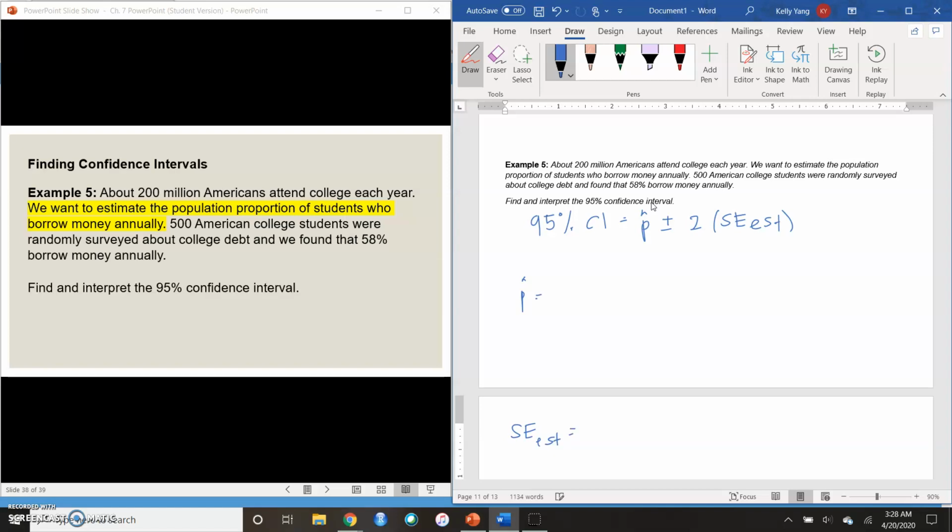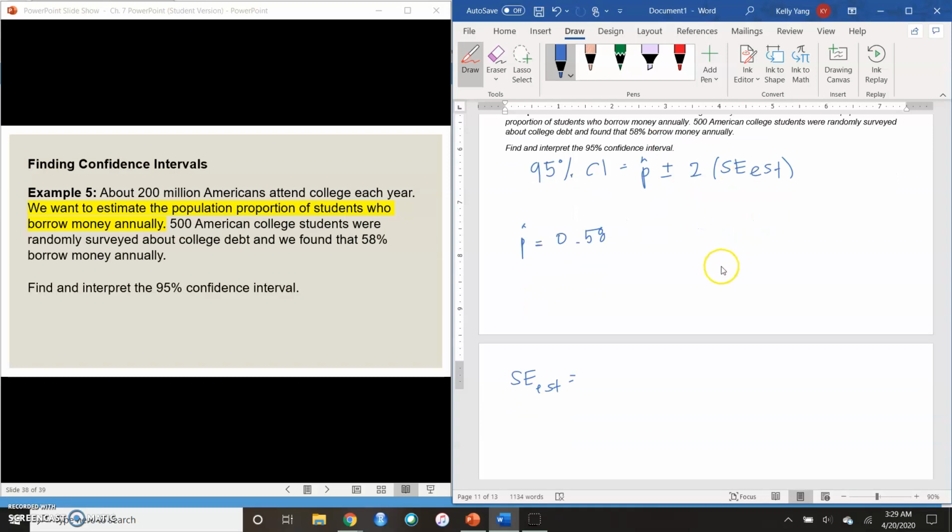P-hat is going to depend on the sample. Out of the 500, how many of them borrow money annually? Nicely, this example provides it for us without us having to calculate it. So p-hat is 0.58, because the information provided tells us that 58% of them borrow money annually.